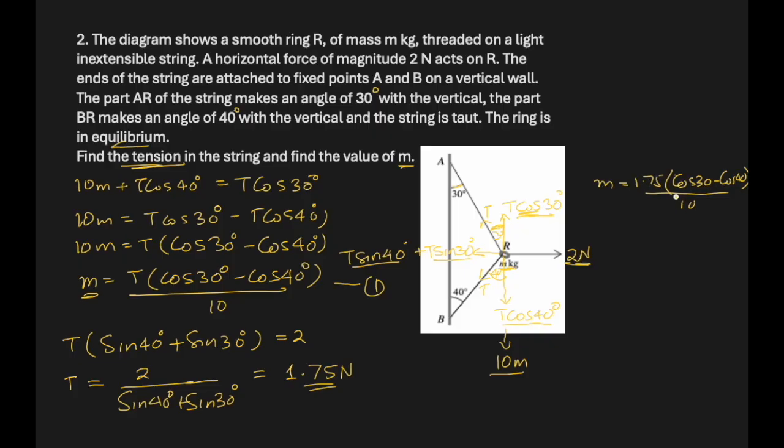Now every number is with us. We'll put this in our calculator, and in this case we get 0.0174977, which is almost 0.0175 kg. So we got the solution of number 2 also.